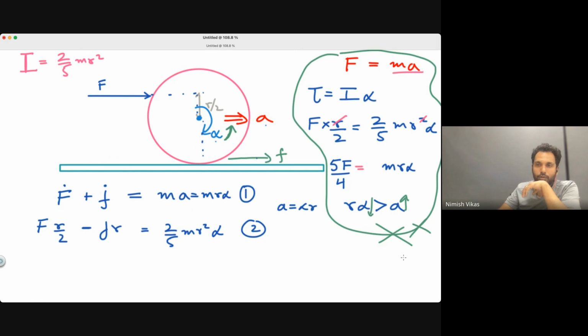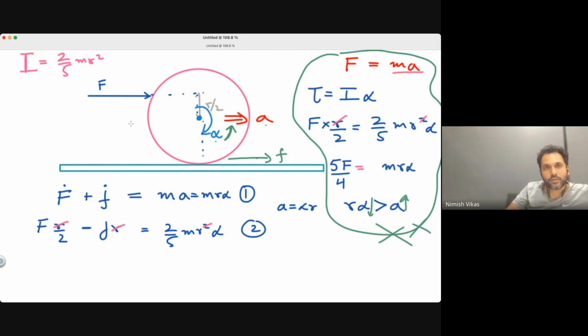So that's the end of the story pretty much. If you want me to solve it, I can just solve it. R and R get cancelled. You see a very cool format of mR alpha, mR alpha. If you add the two equations, plus f and minus f will get cancelled. And before I tell you the answer, I'm pretty sure that my friction is going to be a very small value. Why very small?